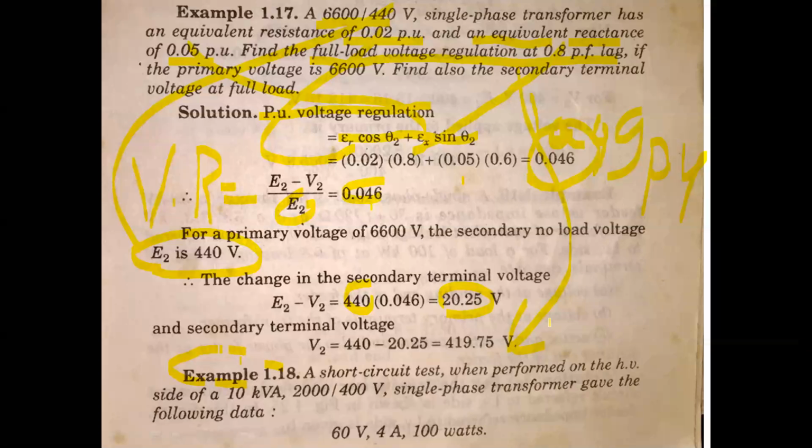A short circuit test performed on the high voltage side of a 10 kVA, 2400 volts single phase transformer gives the following data: voltage 60 volts, current 4 amperes, power 100 watts.